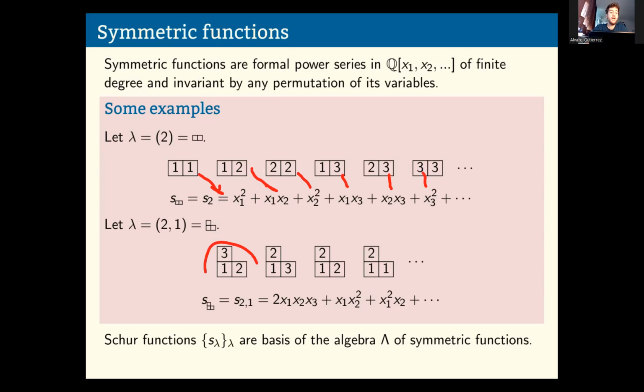And similarly here, these 2 correspond to this monomial, this one corresponds to this monomial, and this one corresponds to this monomial. I bet you can see more or less how this works.